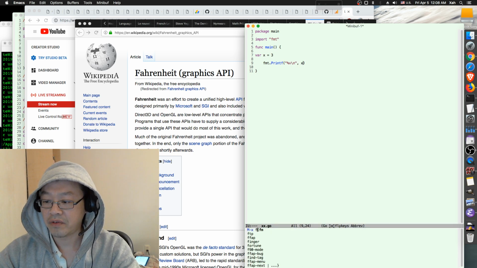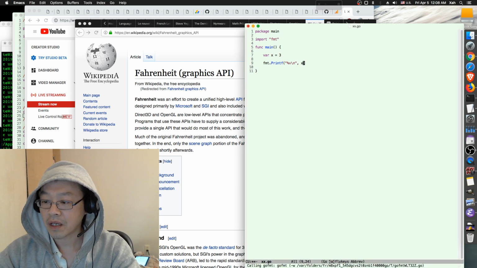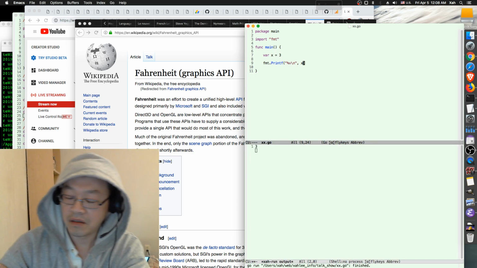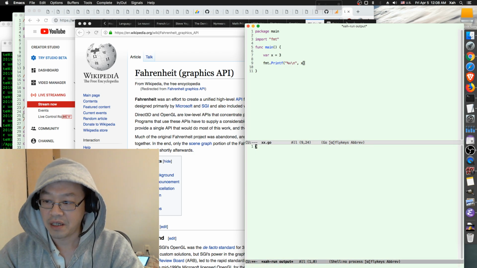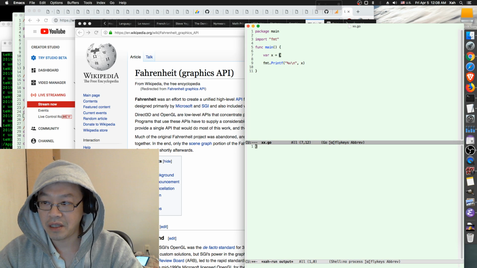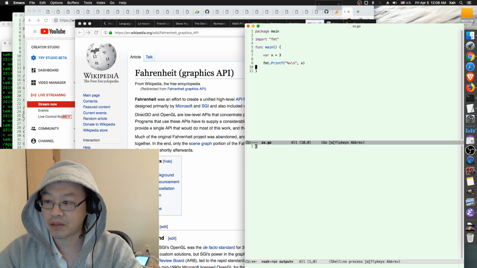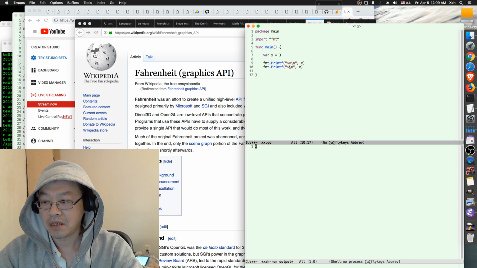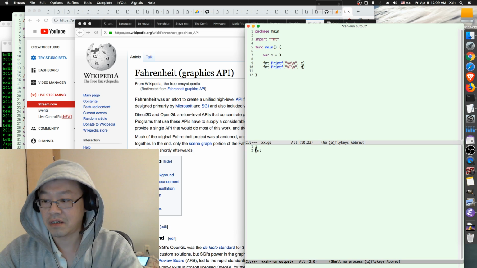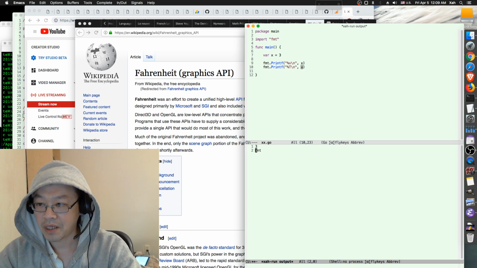Go format, and you run the program. You see, it's printing out 3. Now Go is a statically typed language, so the type of 3 is actually an integer. You can have it print the type, and you see the type is actually int, one of the Golang types.